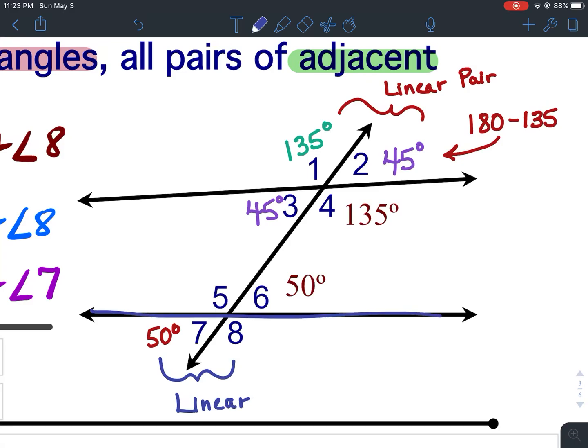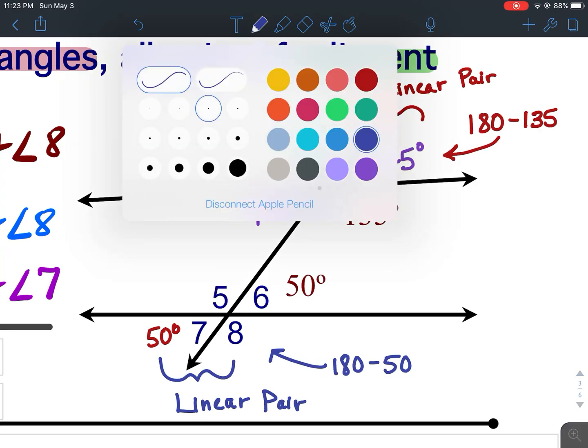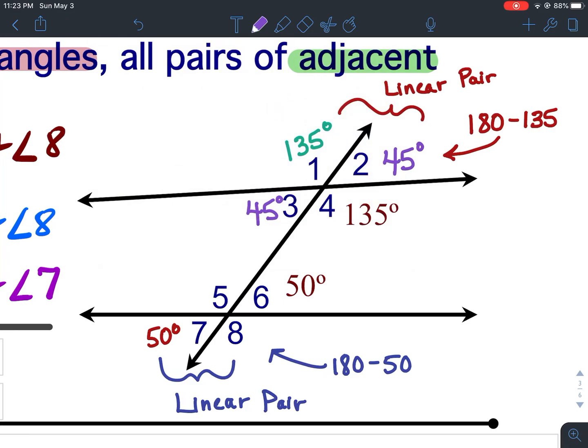They form this straight line right here. And because they're a linear pair, again, they add up to 180. So I'm going to take 180 minus the given angle 50, and that's how I find my measure for angle 8. So 180 minus 50 is 130.